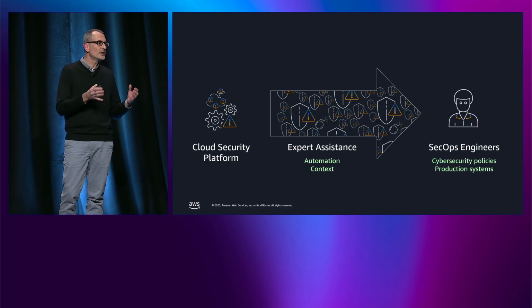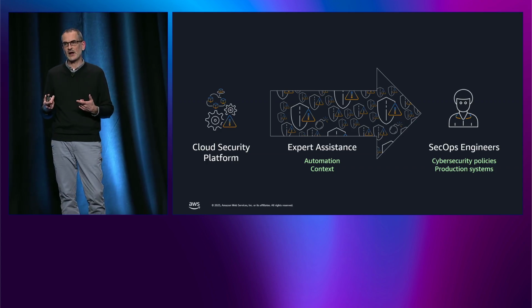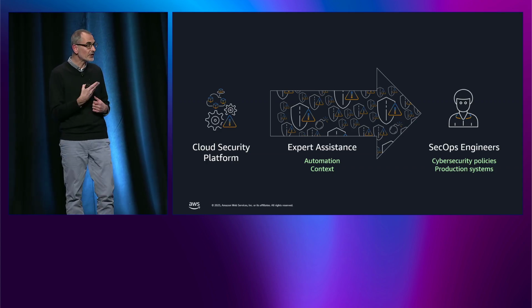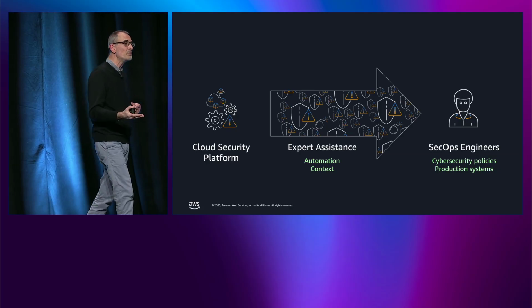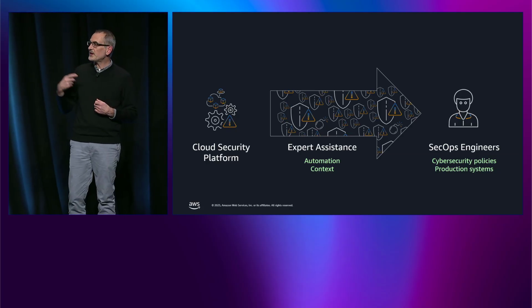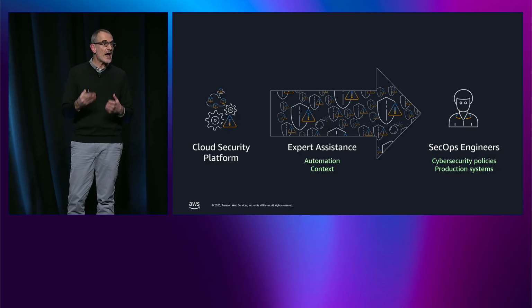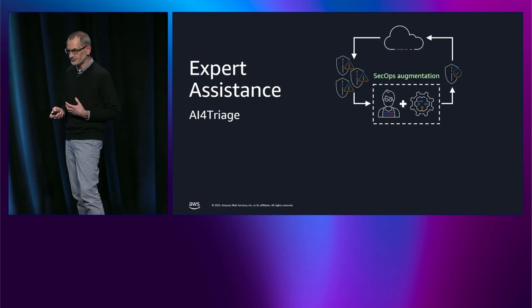So automation and context. That sounds a lot like generative AI. So given the title of the talk, you probably won't be surprised to learn that we think that generative AI and RAG or retrieval augmented generation has a large part to play in the solution.